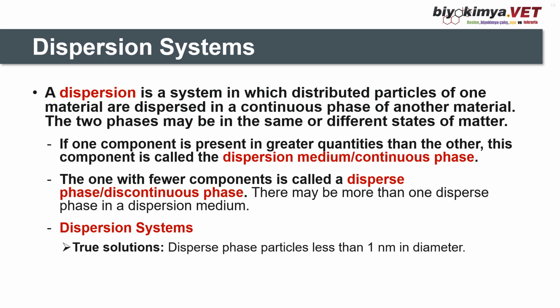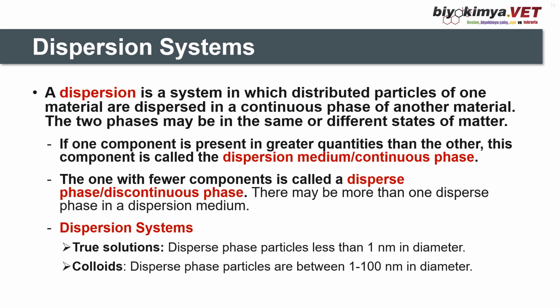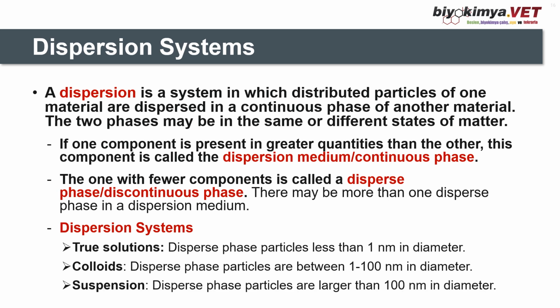In true solutions, or just solutions, dispersed phase particles are less than 1 nanometer in diameter. The second type is colloids, in which the dispersed phase particles are between 1 and 100 nanometers in diameter. And the third one is suspension, where dispersed phase particles are larger than 100 nanometers in diameter.